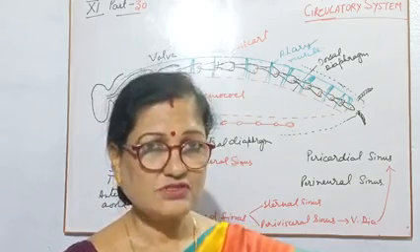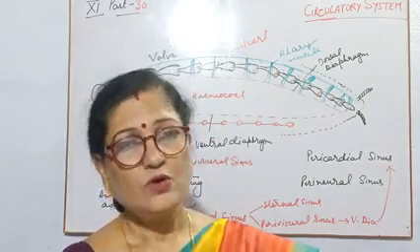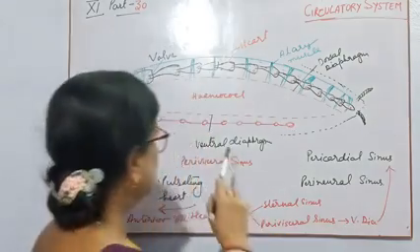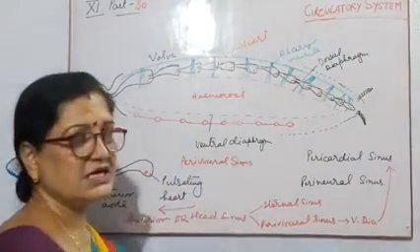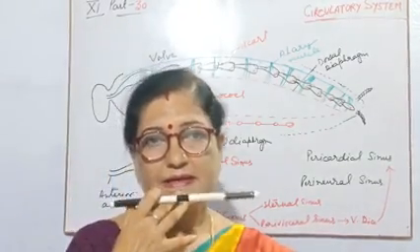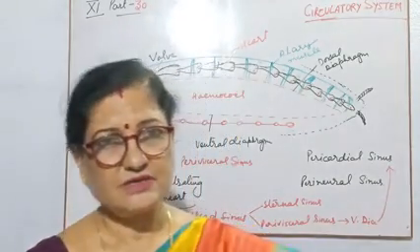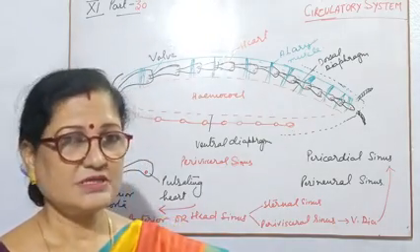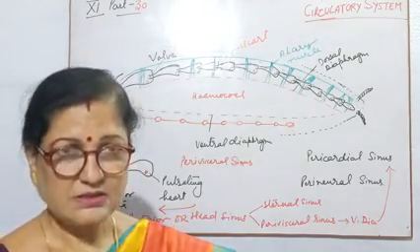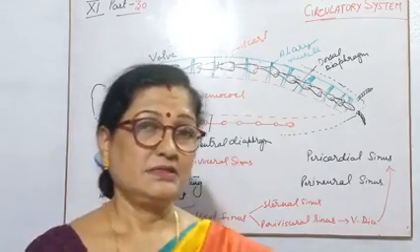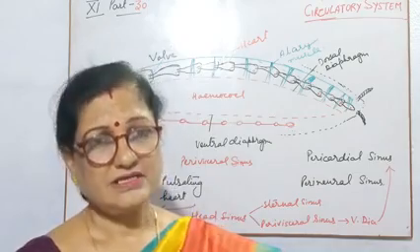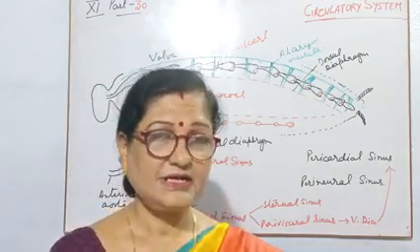As we have a closed circulatory system, they have an open circulatory system, and along with the open circulatory system, all the organs are freely present in that hemocoel, bathed in the blood, so they do not have any circulatory passage for the different types of organs.